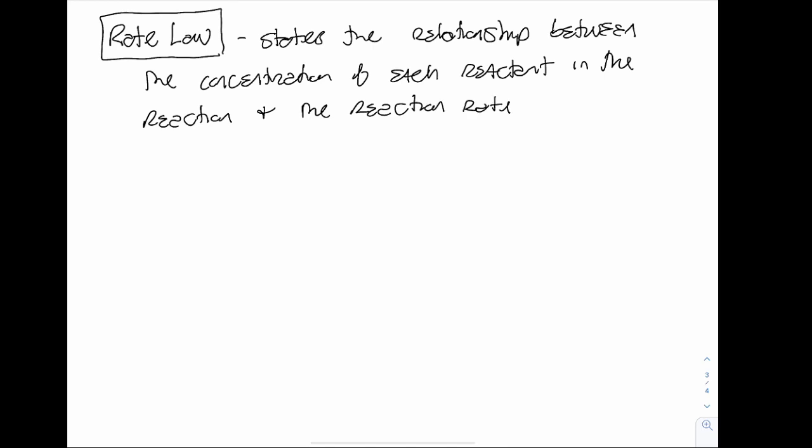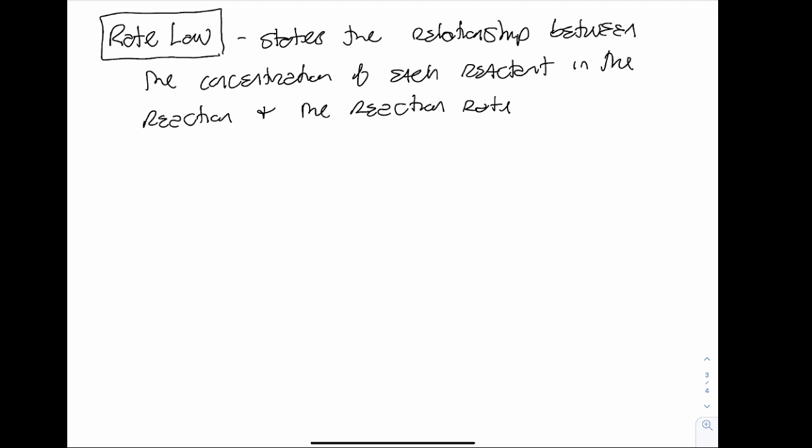Another way to say that is that it states the dependence of the reaction rate on the concentration of the reactants. Some reactants are going to affect our rate. Some reactants actually don't affect the rate. Some affect the rate more than others.